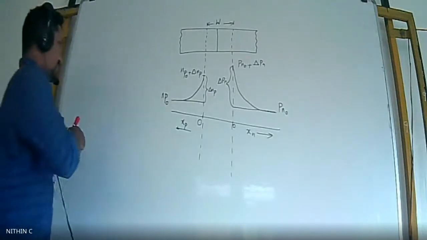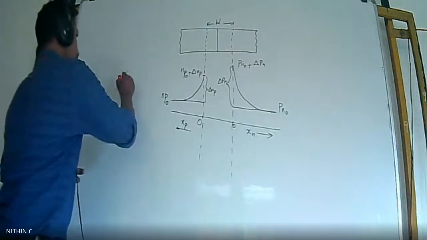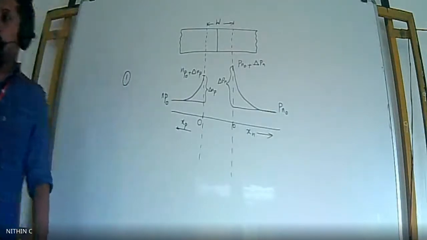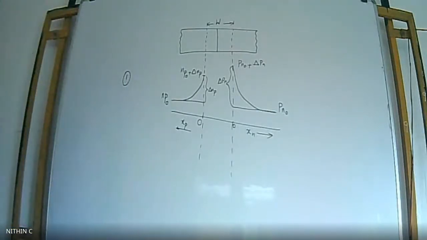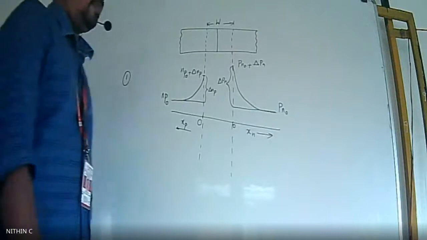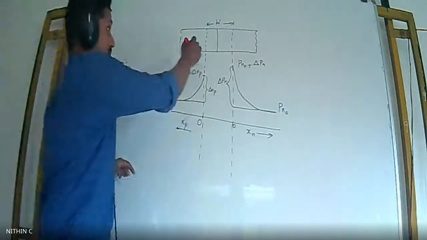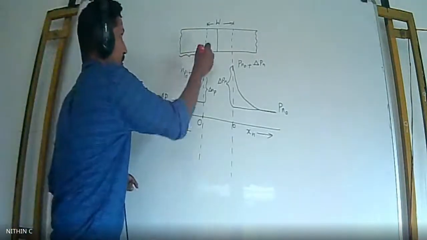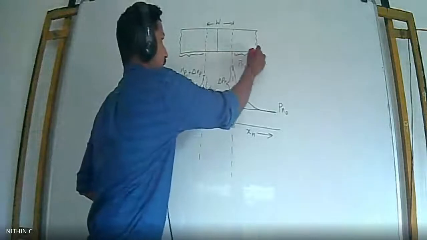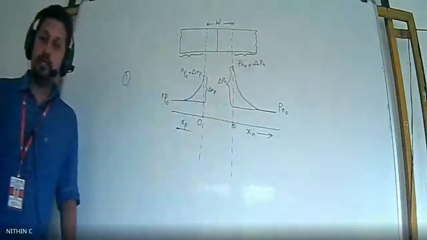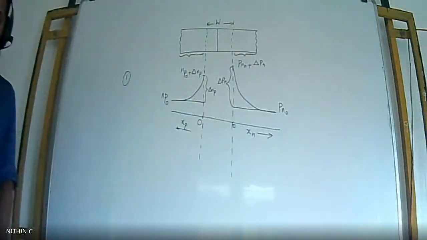The first assumption is that the diode is long. Which means that the length of neutral N and P regions are very large when compared to the diffusion length of minority carriers.